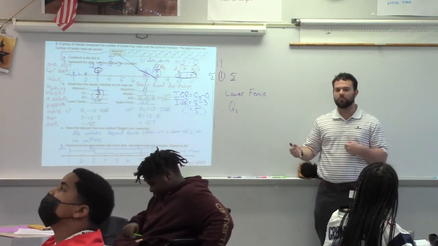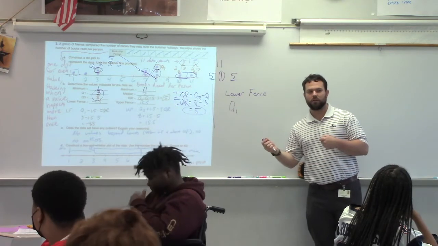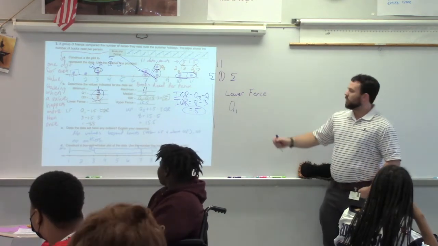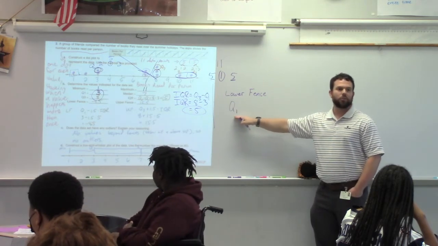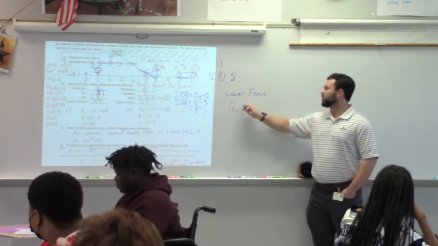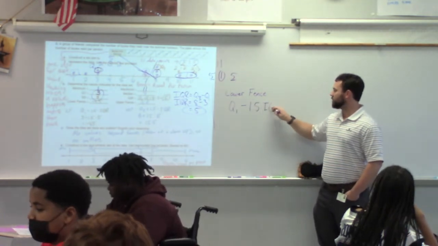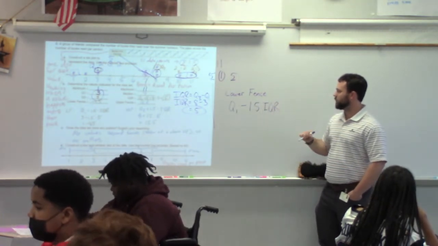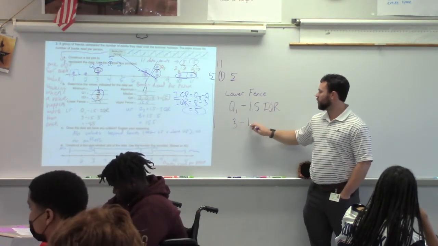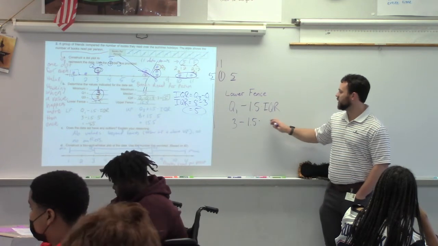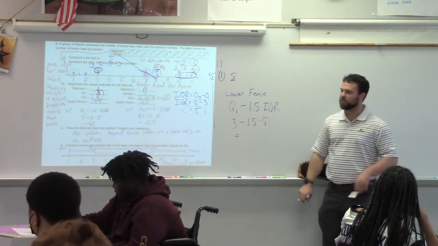It's either plus or minus 1.5 times the IQR. If it's lower, I want to go lower. What operation would go lower? Subtraction. So Q1 minus 1.5 times the IQR. So Q1 is 3 minus 1.5 times the IQR of 5. What lower fence does that give me?